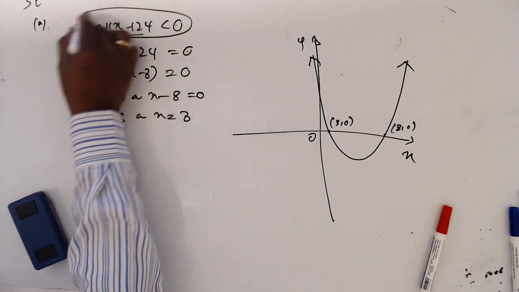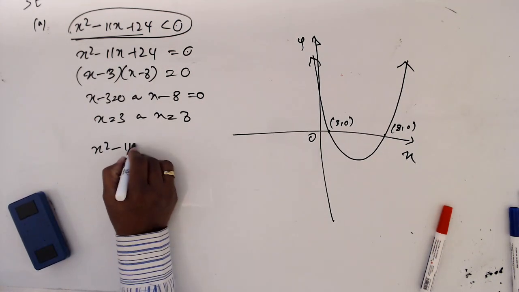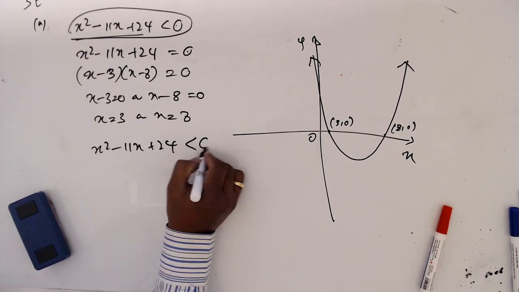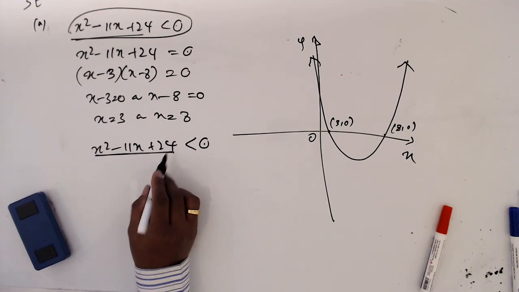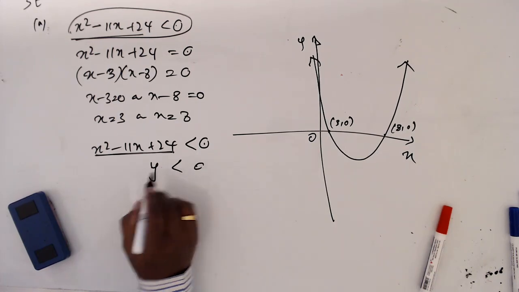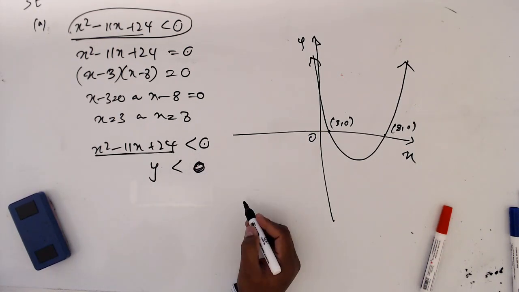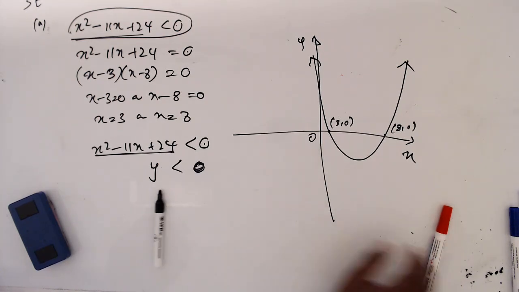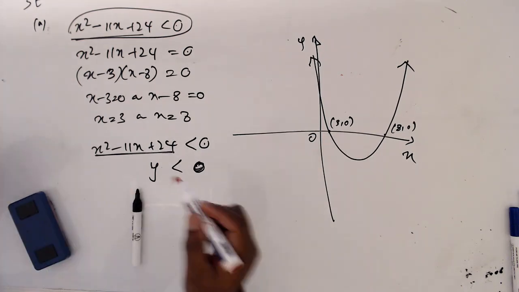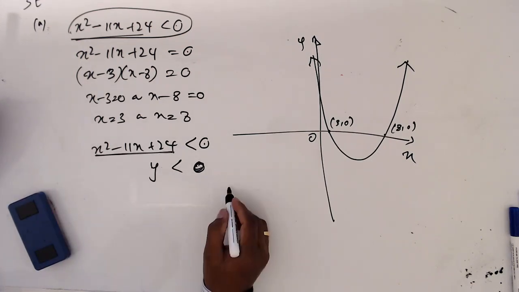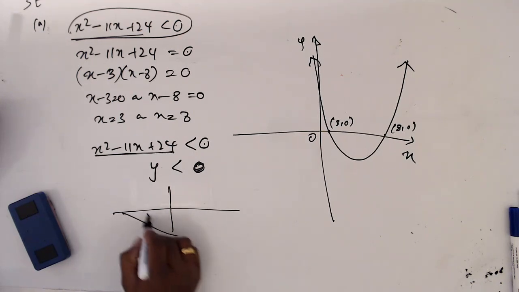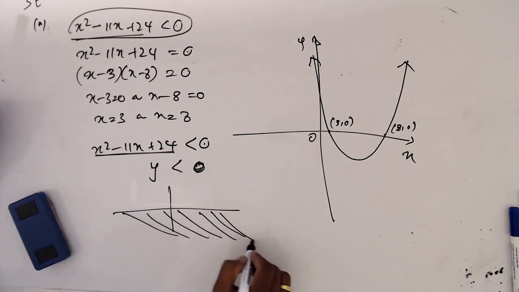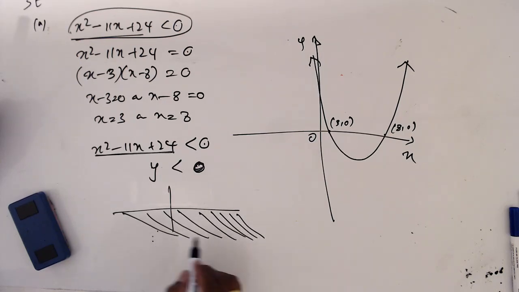Now this is the inequality: x square minus 11x plus 24 less than 0. This expression is equal to y, so y less than 0. Which area is y less than 0? We know that this area is y less than 0; any value you take here will give a negative y value.